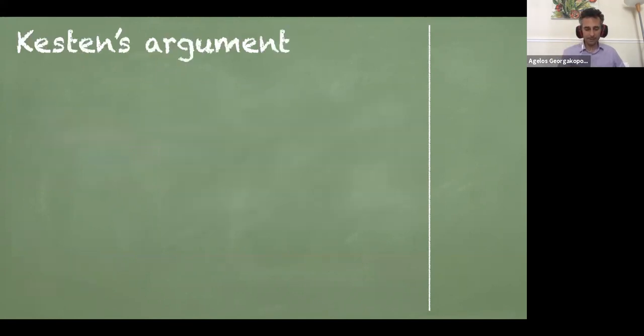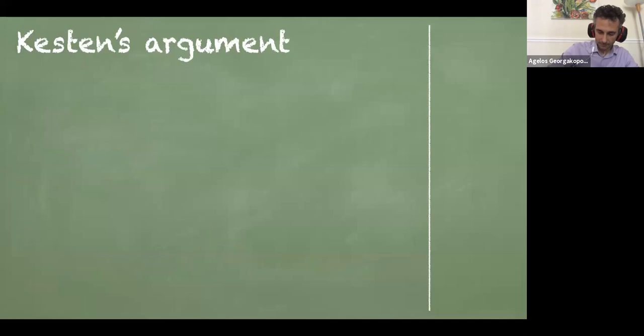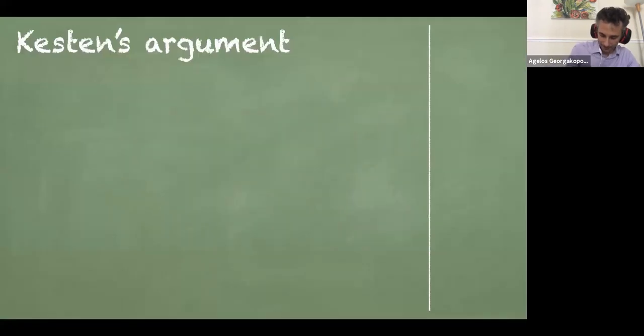So it's a classical argument of Kesten that goes like this. I'm going to write a very similar expression to what I've been writing before. I'll write again the probability to be finite, a similar sum as before.